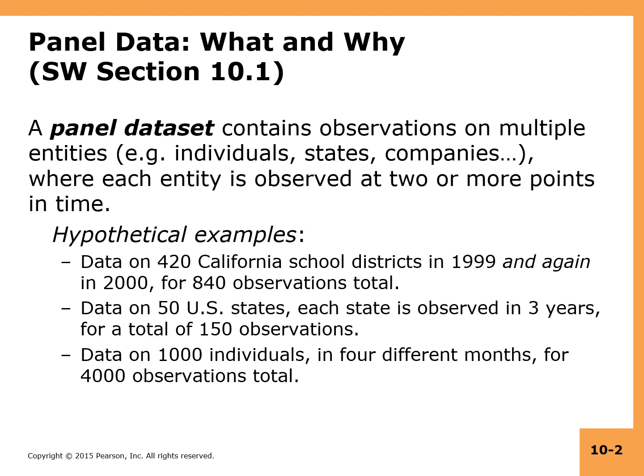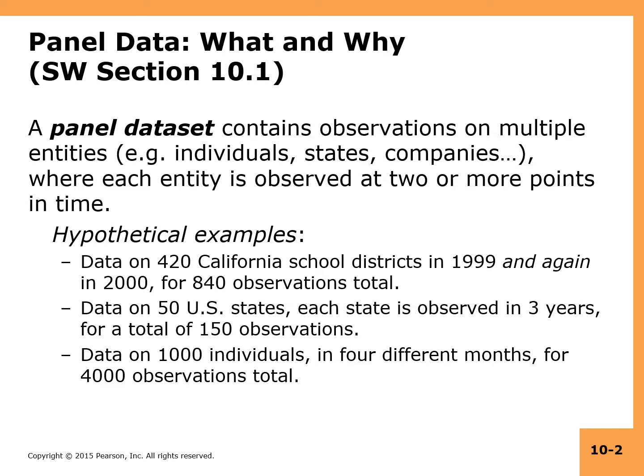On the other hand, if you had one set of school districts in 1999 and a different set of school districts in 2000, then even though you observe the data in 2 different time periods, because you're observing data for different school districts, it'll be considered cross-sectional.